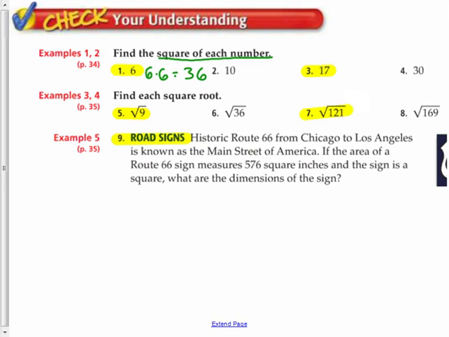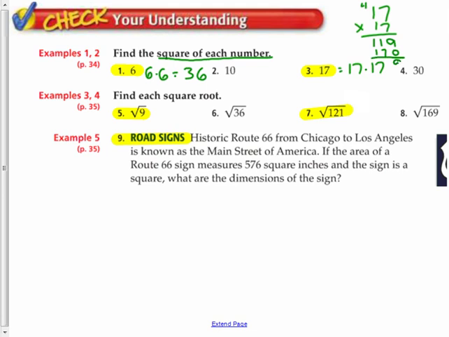If I jump over to number 3, it says find the square of 17. So that tells me to do 17 times 17. That one we have to actually write out and do quickly. I have 7 times 7 is 49. 1 times 7 is 7, plus the 4 is 11. Drop my 0. Take a look at what happens here.